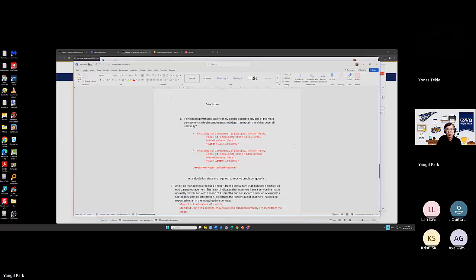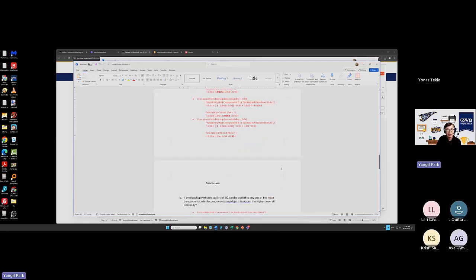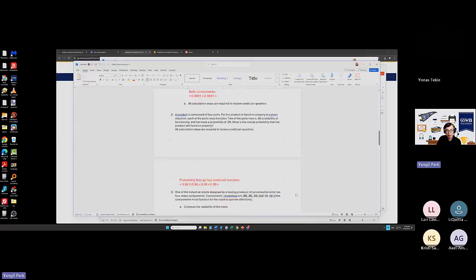Which component do we have to use this on so that we can get the highest overall reliability? Because if you look at that, we have 4 different cases, 4 different components. By adding this backup, which component can take the most advantage of it? I think that's the question.